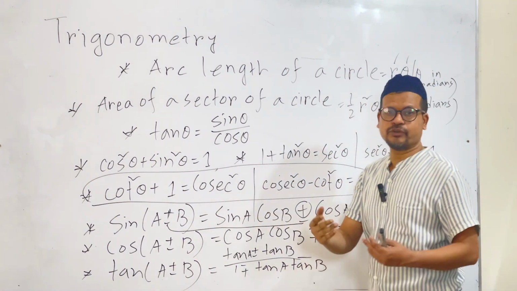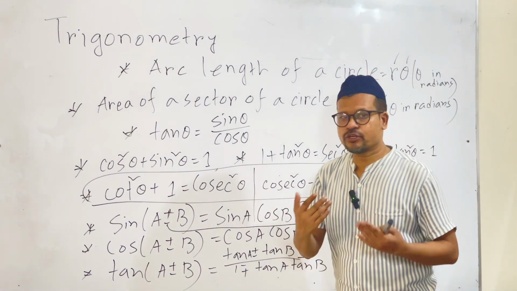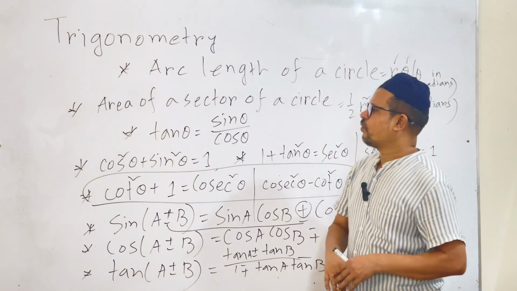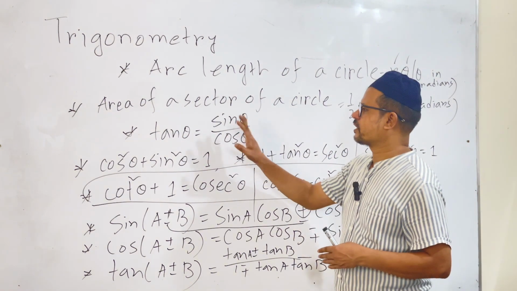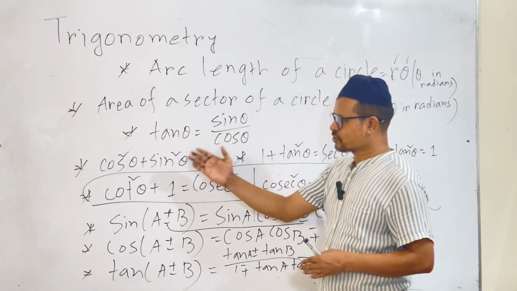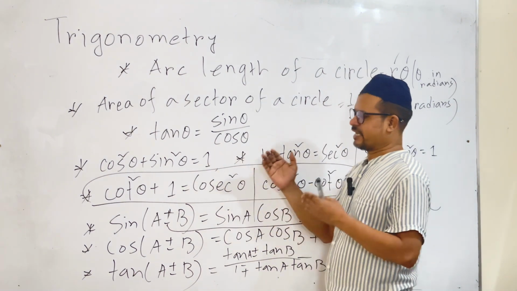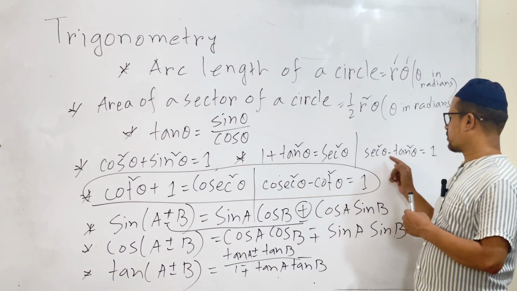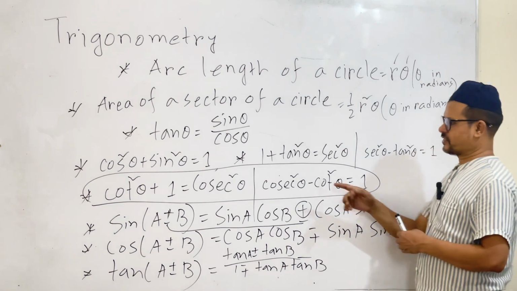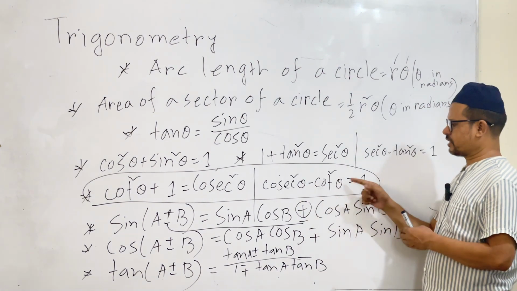And if we calculate a trigonometric expression, sometimes we have to use tan theta equal to sin theta by cos theta, cos square theta plus sin square theta equal to 1, and sec square theta minus tan square theta equal to 1.